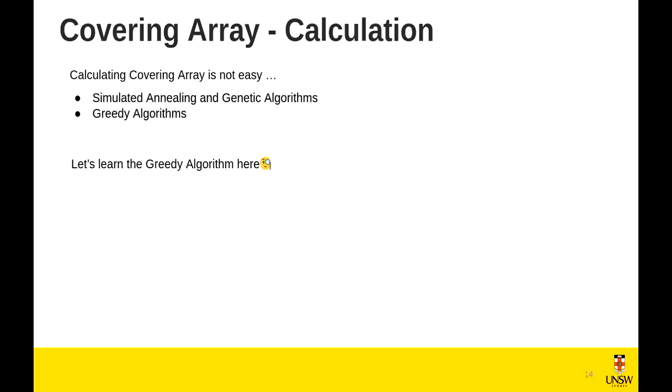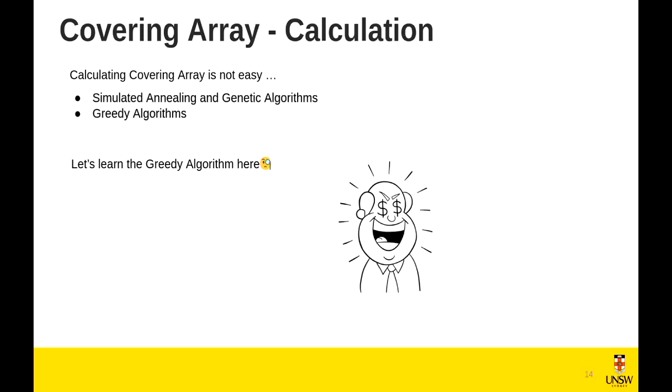Let's learn greedy algorithms today because they are relatively easier. Genetic algorithm is quite a general algorithm that could be applied to different scenarios, and we will learn it next week in a different scenario.